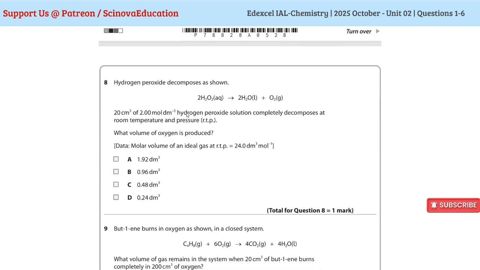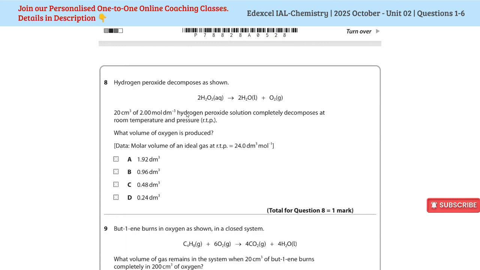Question 8. Hydrogen peroxide decomposes as shown, and 20 cubic centimeters of 2 moles per cubic decimeter hydrogen peroxide solution completely decomposes at room temperature and pressure. What is the volume of oxygen produced? Here we are given Avogadro's constant and the molar volume value, and using that we can calculate the volume.